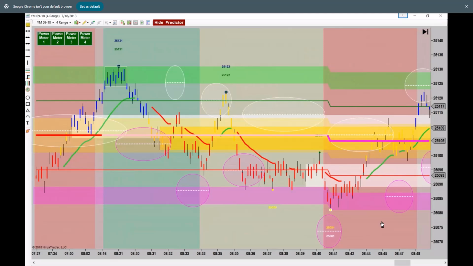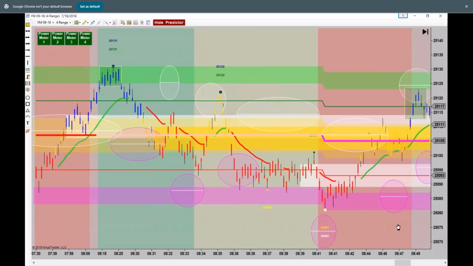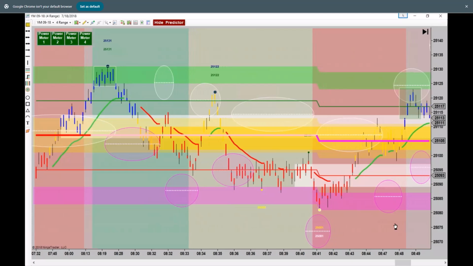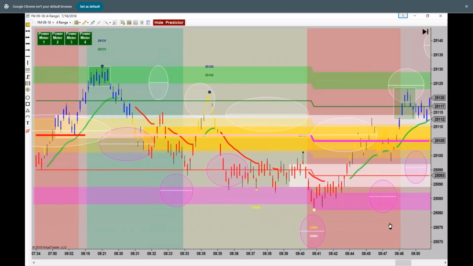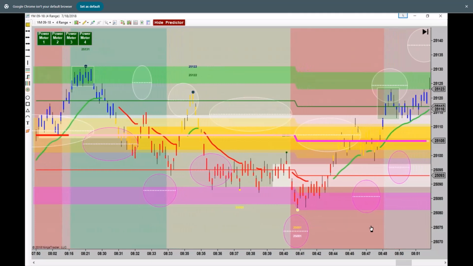Let's do it one bar at a time and let's see if we can get a trade. You basically box it in right across here, like so. It didn't close below it, and that particular phantom trade never fired.